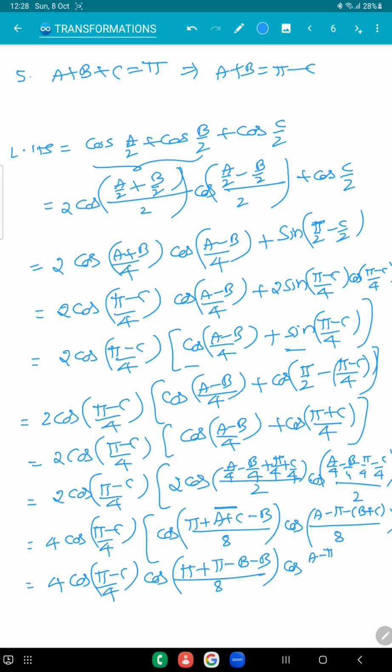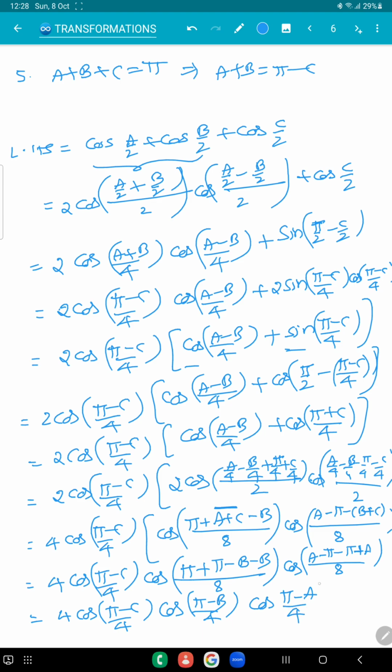So (a − π + a)/8, (π + a)/8. So this is equal to 4 cos((π−c)/4) cos((π−b)/4), the 2 common cancels. Cos of minus θ is cos θ only, bringing the minus common, and it becomes cos((π−a)/4). That is equal to the right hand side.